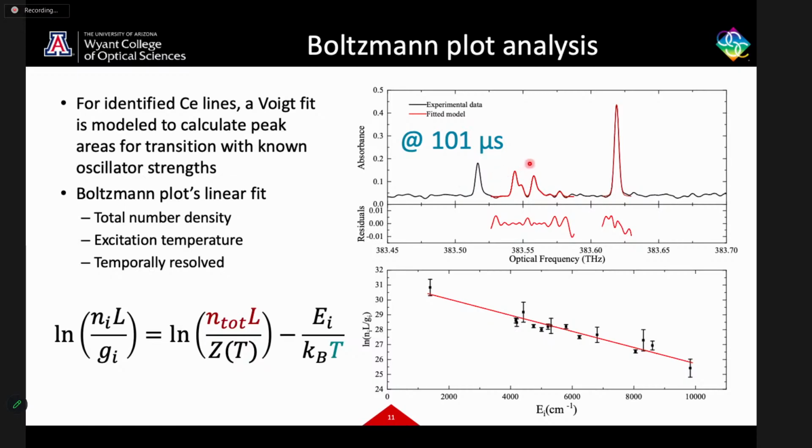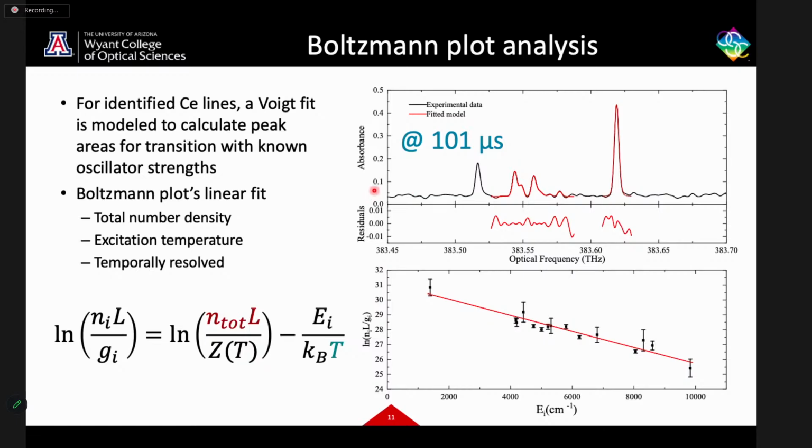But for the ones that we were able to detect, we can simply plot their areas as a function of their lower energy level. And simply through applying a linear fit, we can determine from the slope the excitation temperature for that time delay and the total column density for cerium atomic species at every time delay.